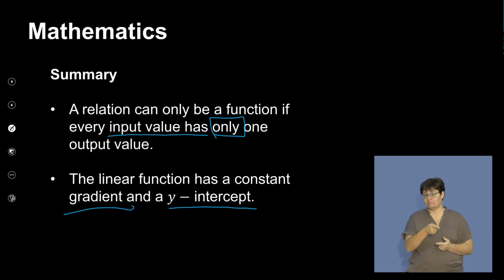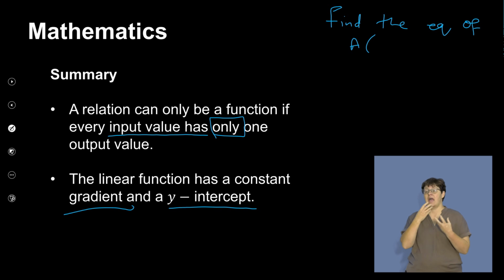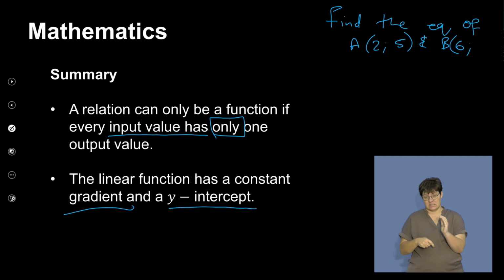So if now I had said to you, I want you to find the equation, which I'm going to write here. Find the equation of A, which has the coordinates maybe 2 and 5, and B, which has the coordinates, we can make this 6 and 9, maybe.